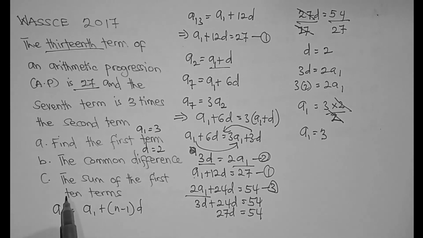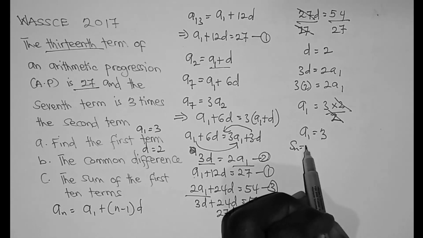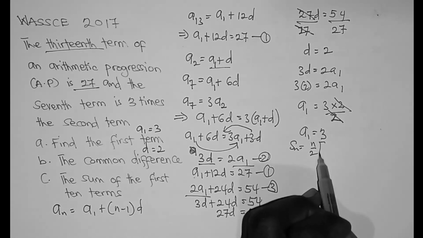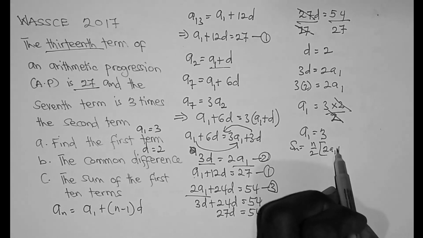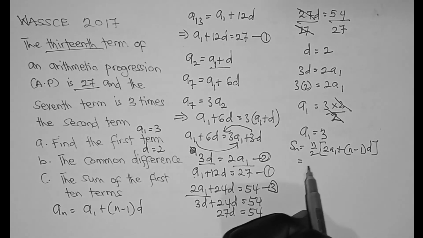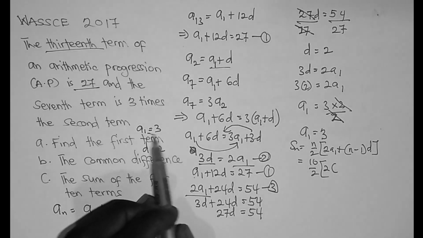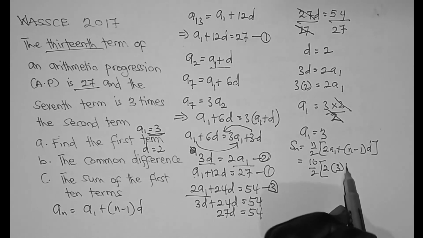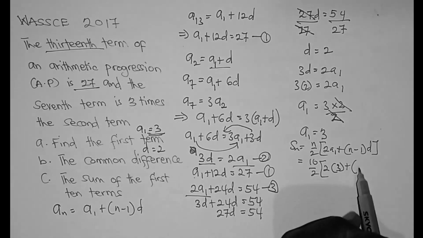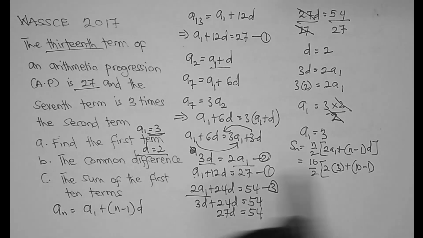Now the question says we should find the sum of the first 10 terms. So let's write the formula for the sum. Sn equals n over 2 into brackets 2a1 plus (n minus 1)d. So n is 10, divided by 2, times 2 times a1. We got a1 as 3. So 2 times 3 plus (n is 10, minus 1 is 9) times d, which is 2.